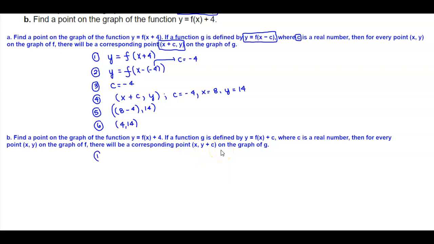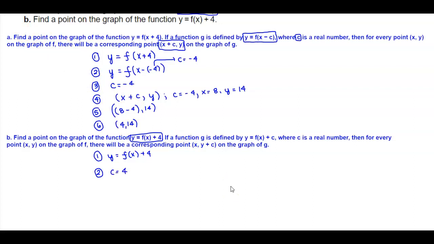So let's write out what we're looking for: y equal to the function plus 4. Well, that tells us that c is equal to positive 4.